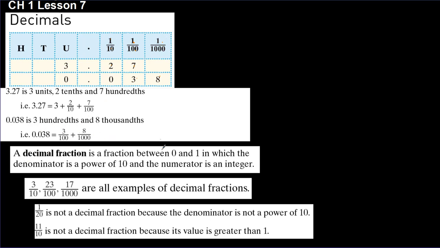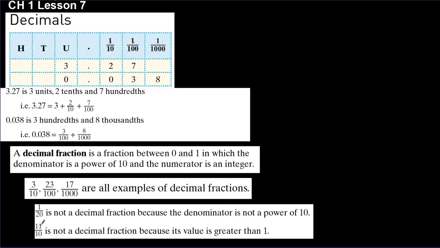A decimal fraction is a fraction between 0 and 1. This part is important. It is a fraction in which the denominator is a power of 10 and the numerator is an integer. So these are all examples of decimal fractions, but 1 over 20 is not a decimal fraction, because the denominator is not a power of 10.